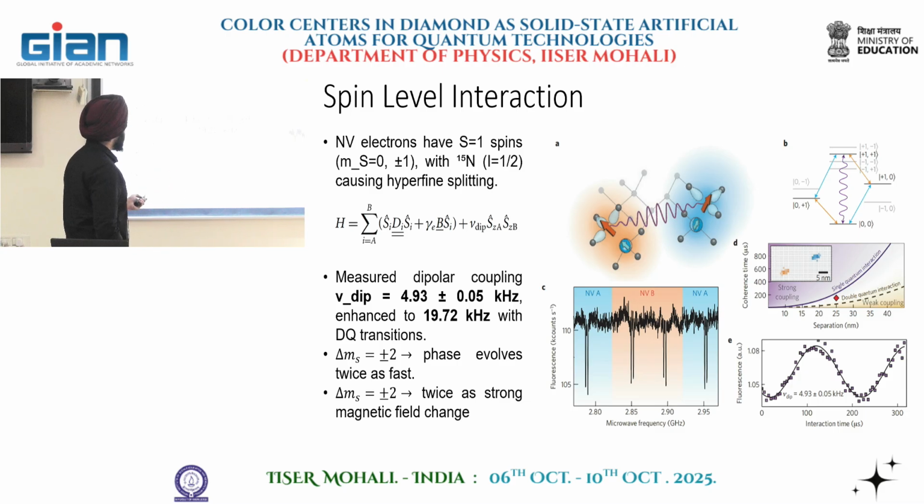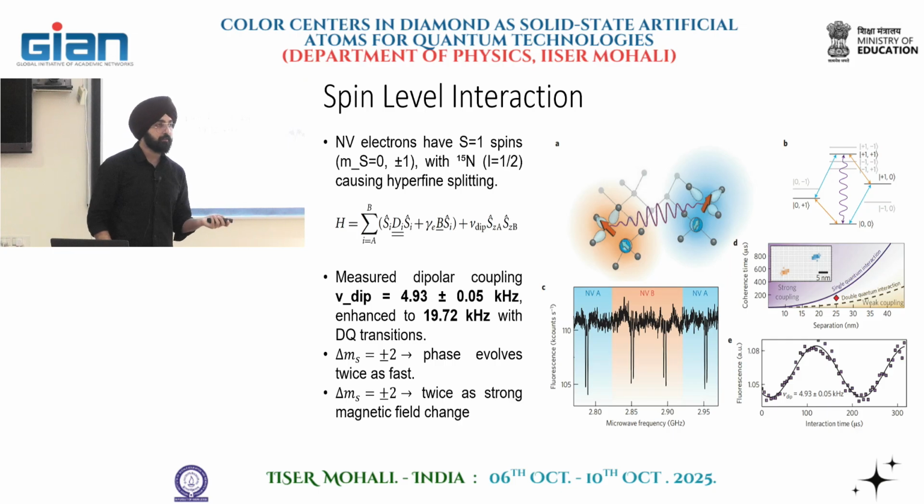So when we do that, we notice that the value of this coupling constant has been increased by a factor of 4. Why this happens is, since we are now working with delta ms equals plus minus 2, the phase evolution is now twice its previous factor.